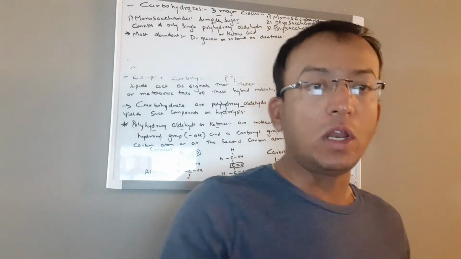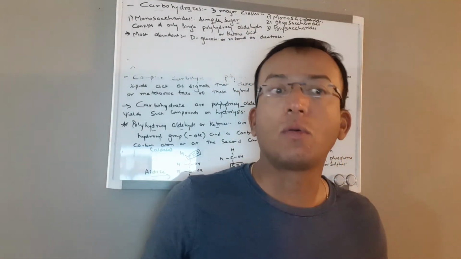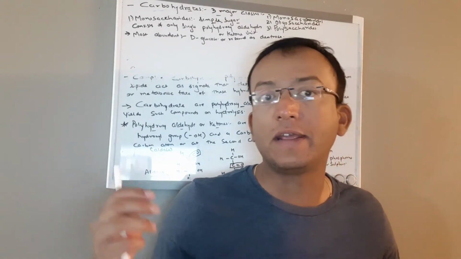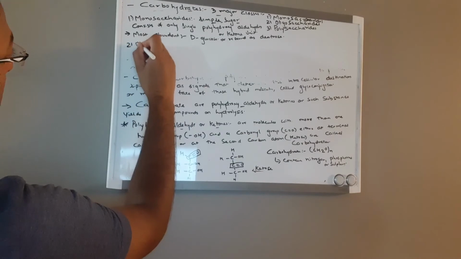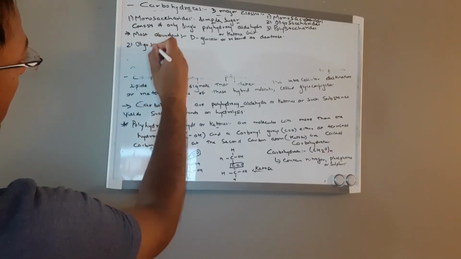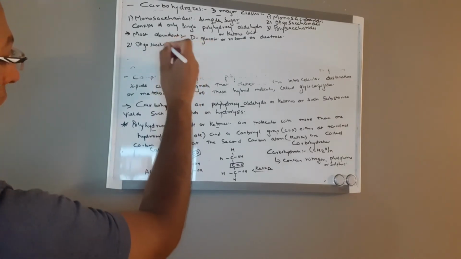All right. Oligosaccharide consists of short chains of monosaccharide units or residues joined by a characteristic linkage called glycosidic bonds. Right. The second one is oligosaccharide.